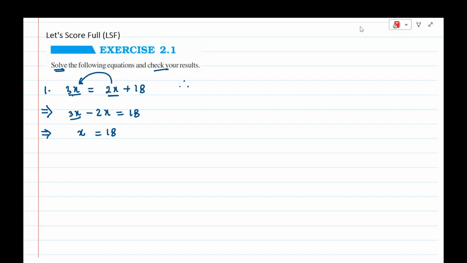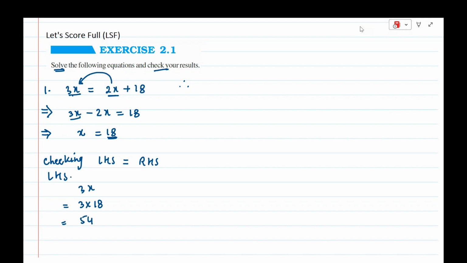Let's check whether our answer is correct or not. How to check it? Checking means the left-hand side has to be equal to the right-hand side. So first solving the left-hand side. Left-hand side is 3x, which means 3 into the x value I got, 18, which is 54. 18 threes are 54.